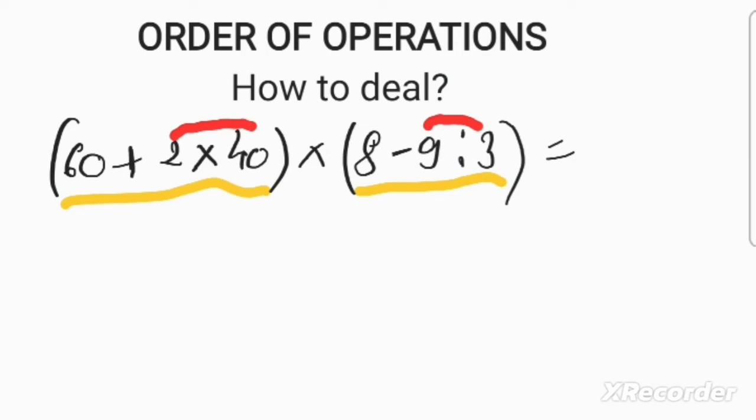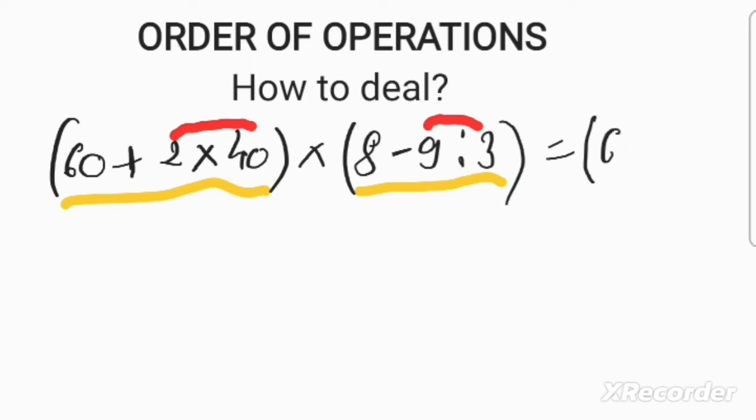So, we will have the brackets remain, yes, the brackets remain until we have the result in the form of one number.